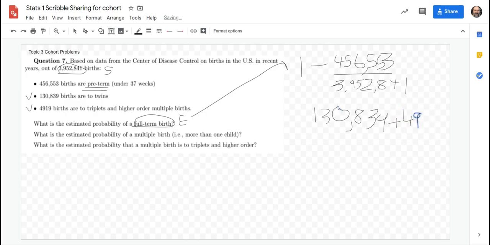We add them together. And of course, that's the size of the event of twins and above. And we have to divide it by the total number of births, because it's just saying what's the chance of a twins or above birth. There's no conditions, so that means out of all births. Because as always, to find the relative frequency, divide by the sample space.